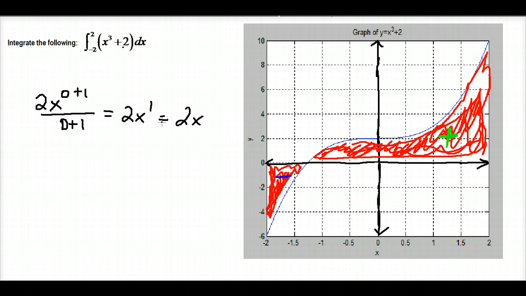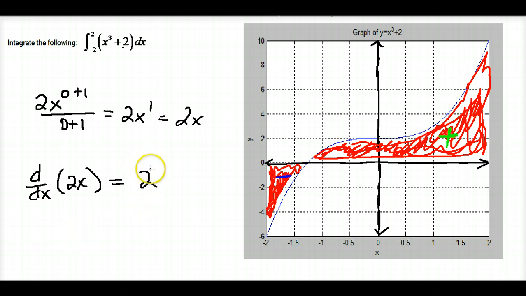And you see we would end up just getting 2x. So the easy way to think about this is that whenever you have a constant and you need to integrate it, it just goes back to what that constant is times x. And this makes sense because if we were trying to take the derivative of the line 2x, we know that the derivative stands for the slope, and the slope of that line is 2.